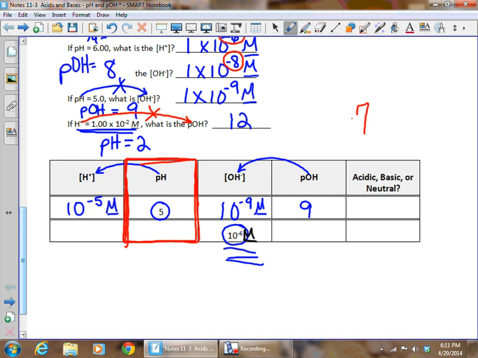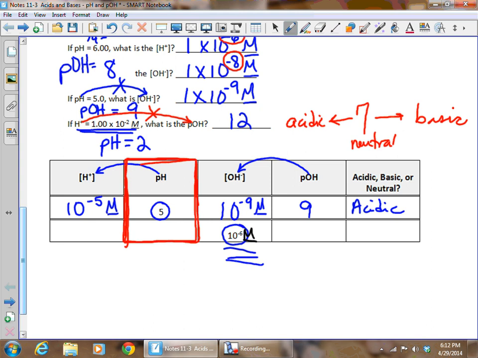So 7 is our middle ground, smaller is acidic, bigger is basic, and 7 at 25 degrees Celsius is neutral. So if the pH here is 5, then we're going to have a situation with less than 7 for a pH value. This is an acidic solution.